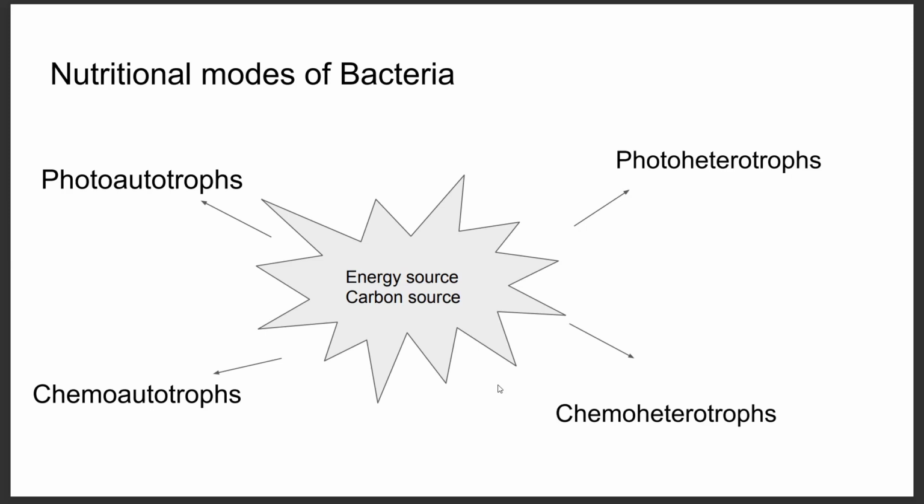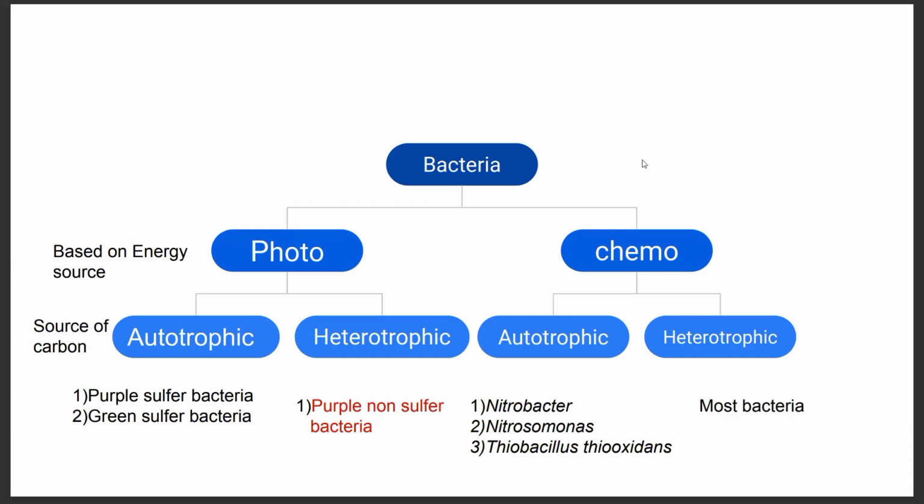Phototrophs. This is a short note. Bacteria can be divided into 2 groups based on the energy source as photo and chemo.